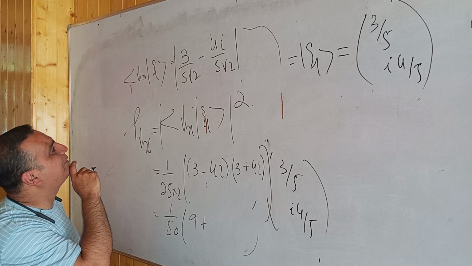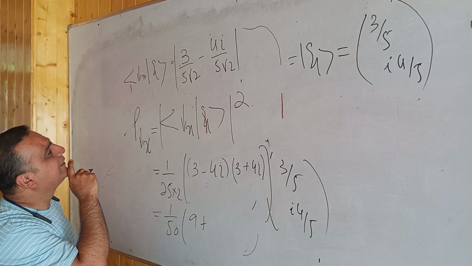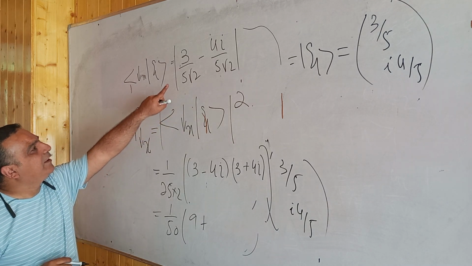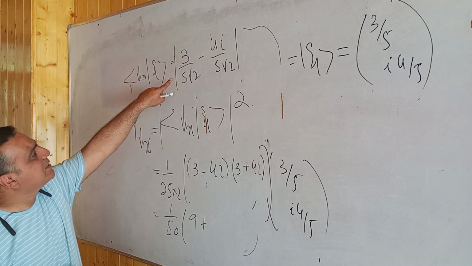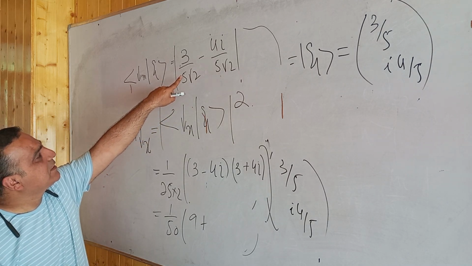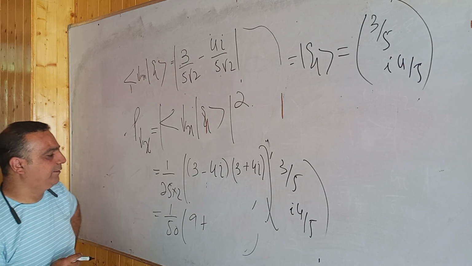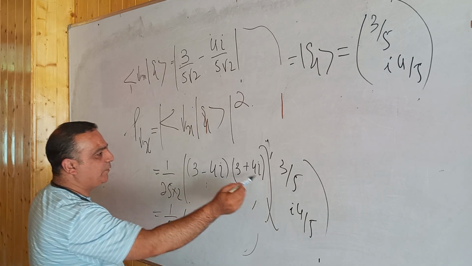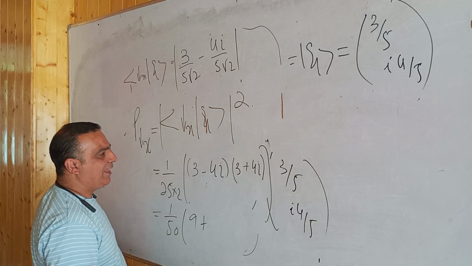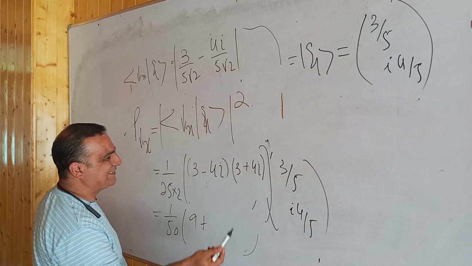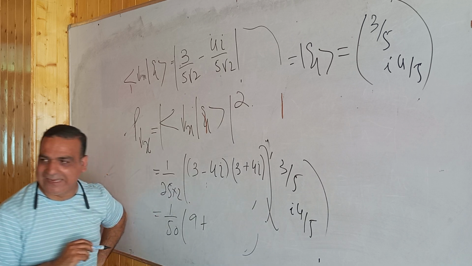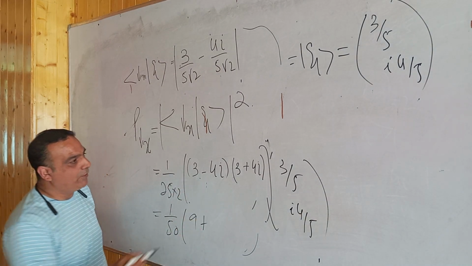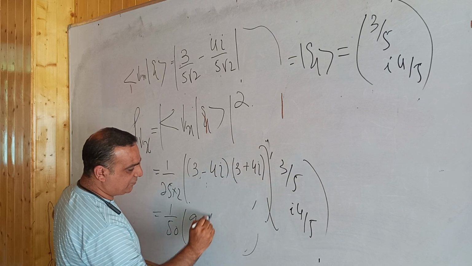Something wrong has happened, I think. Come on. This is 12, and then 16. Okay, now look at this. 3 3s are 9, fine. Then 3 4s are 12.